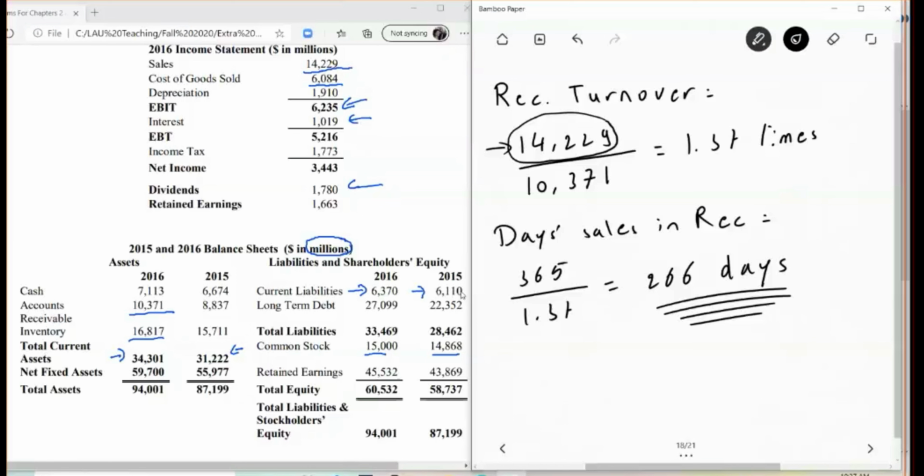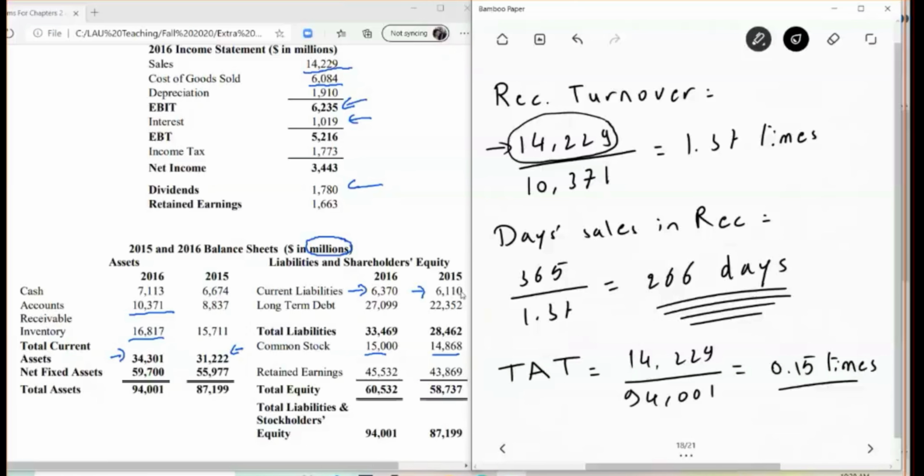Now, the final ratio that I'm going to compute within this category, the total assets turnover, is equal to sales, 14,229, divided by total assets, 94,001, and the answer is 0.15 times. That's a very low number.